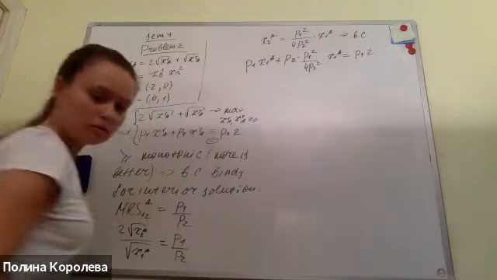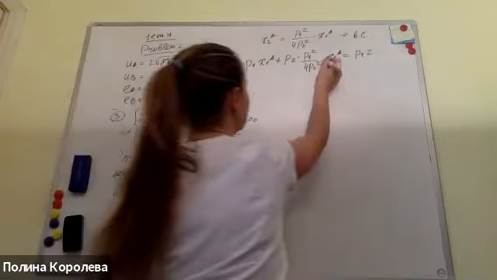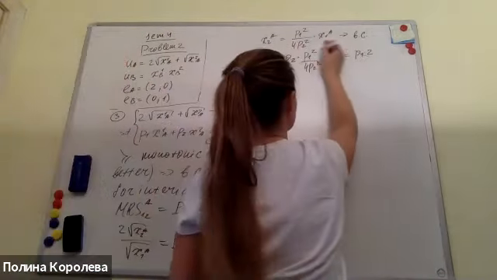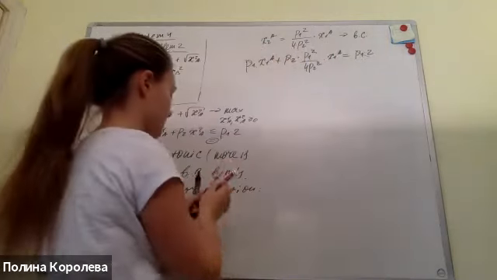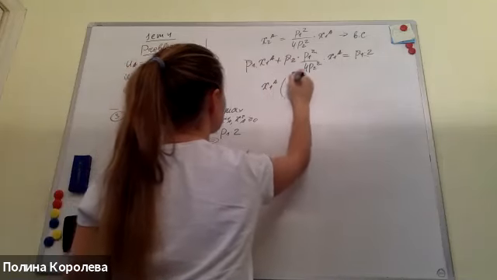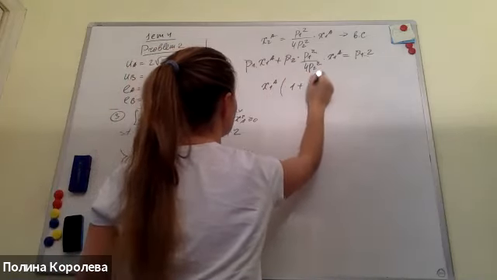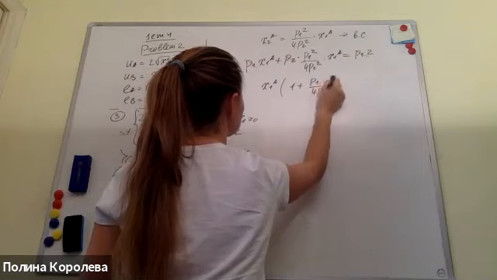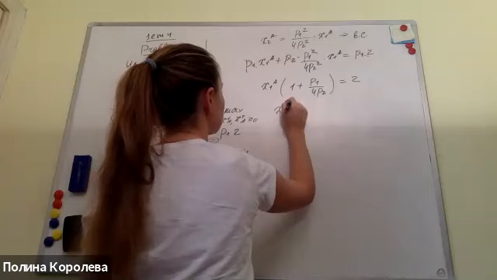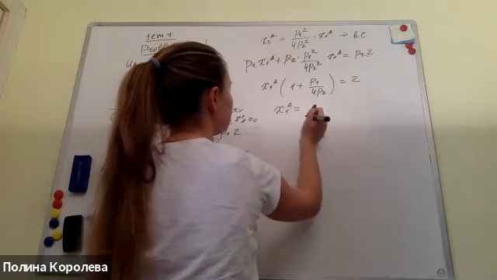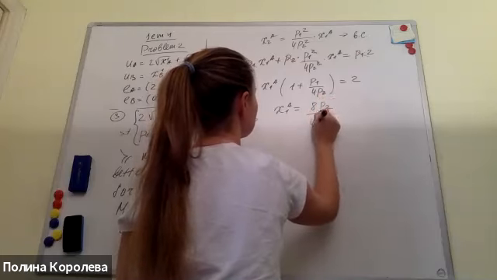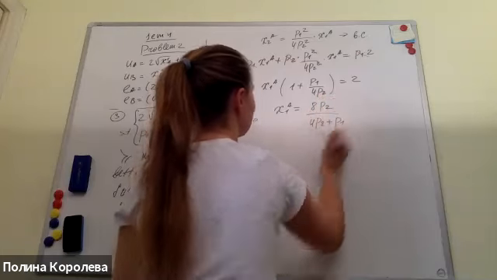From here, let's delete something. And P1 also. So x1a multiplied by 1 plus P1 divided by 4P2 will be equal to 2. And the demand for the first good by individual A will be equal to 8P2 divided by 4P2 plus P1.